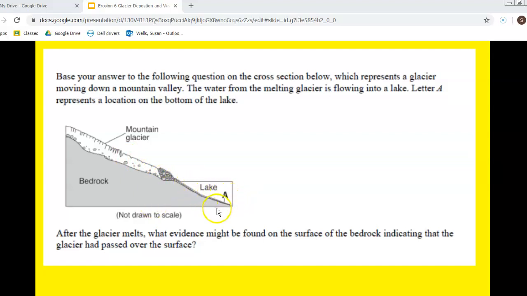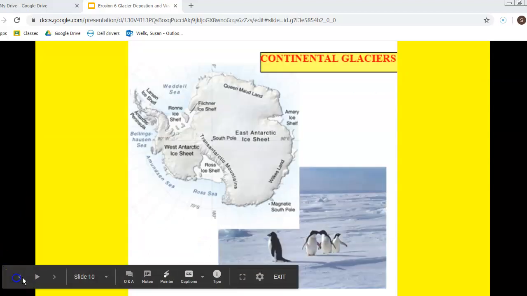But they're asking you what evidence could be found on the surface of the bedrock. So you could have any type of unsorted sediment just being deposited. You could have striations. You could have grooves on the bedrock showing you that a glacier was once there.